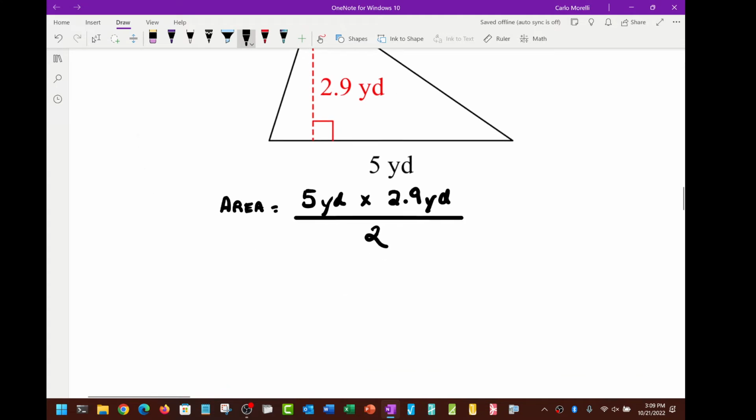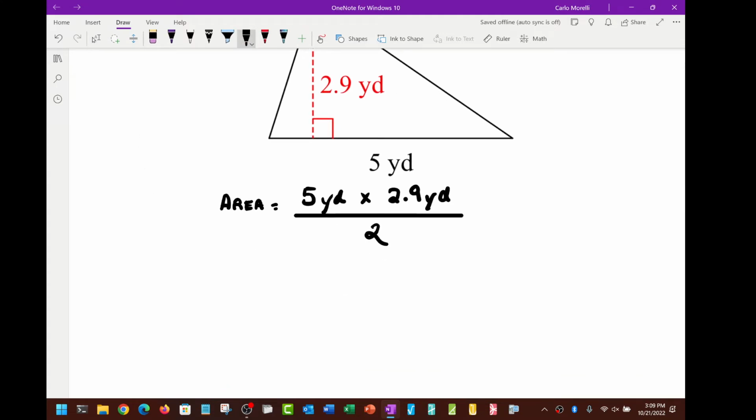Okay, so I suppose first things first, we would multiply 2.9 times 5. 9 times 5 is 45. Carry the 4. 2 times 5 is 10, plus 4 is 14. So we got 145, except for that decimal that makes it 14.5.